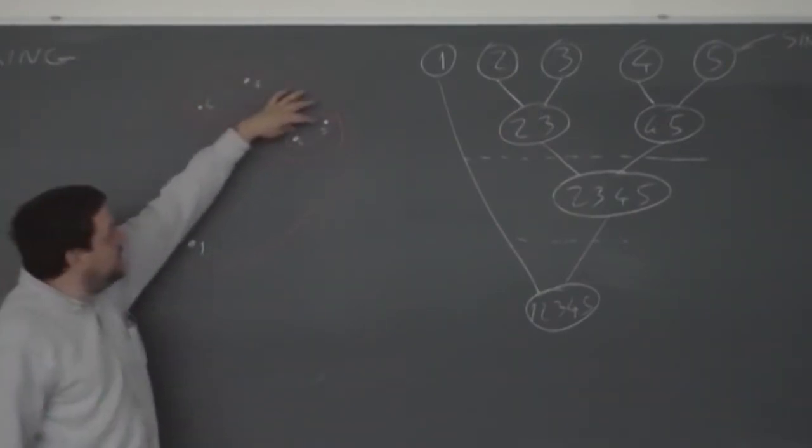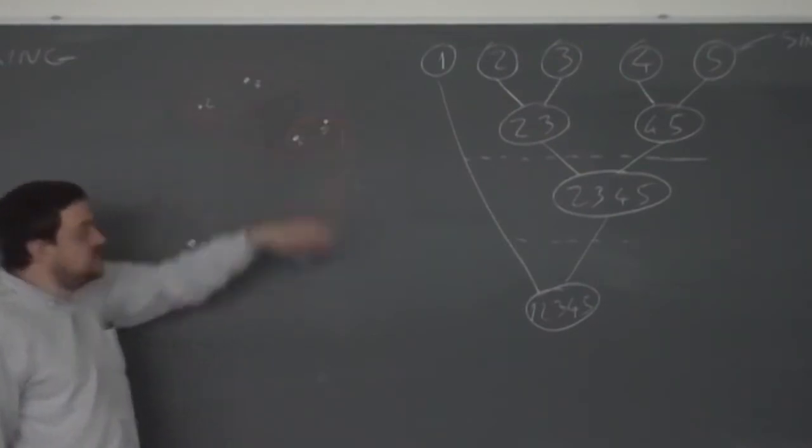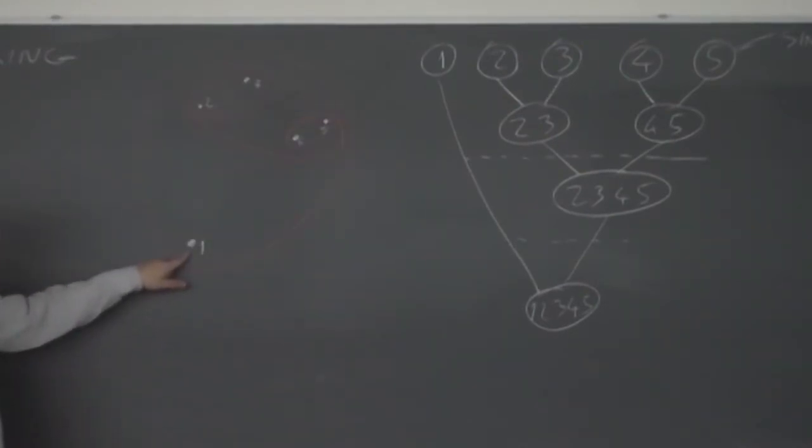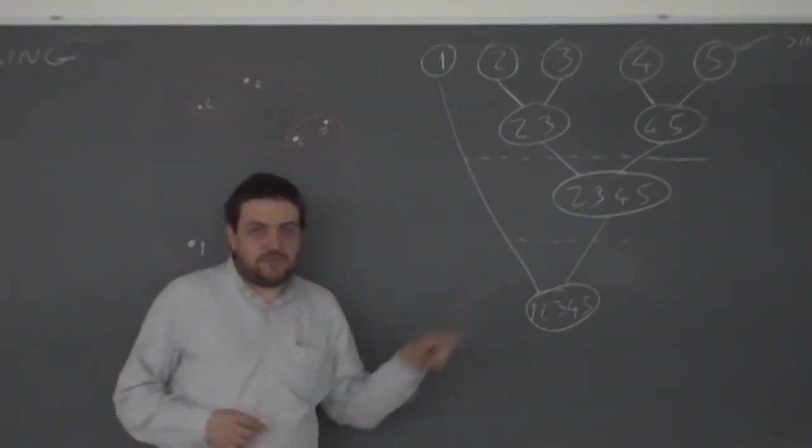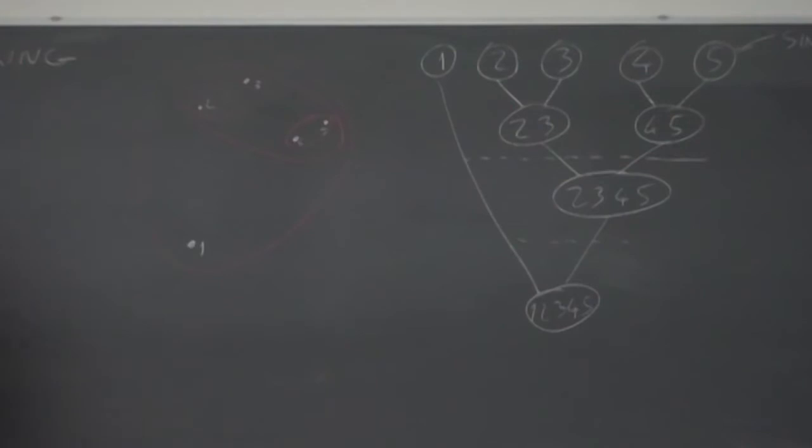So 4 and 5 are very similar because they are very close. 1 is very different from all the others because it's far from them. Of course, we can adapt this procedure to any definition of similarity or distance.